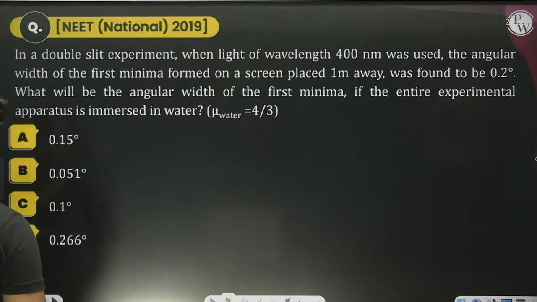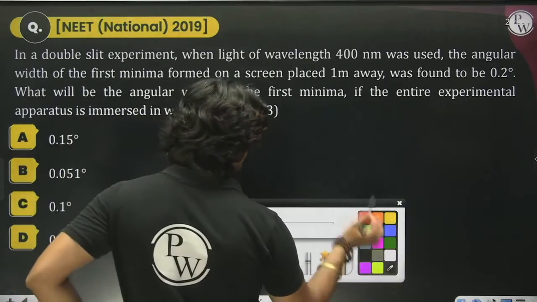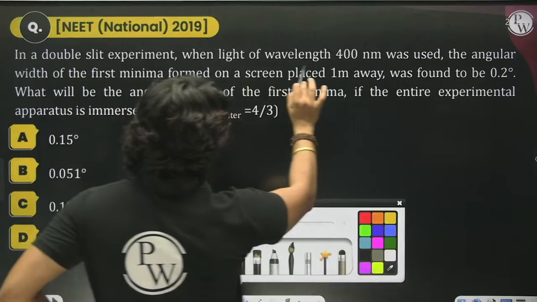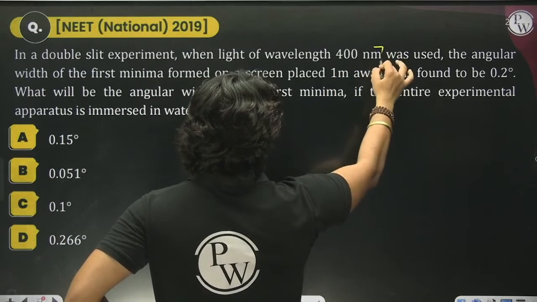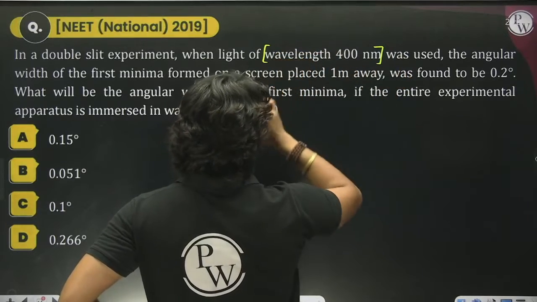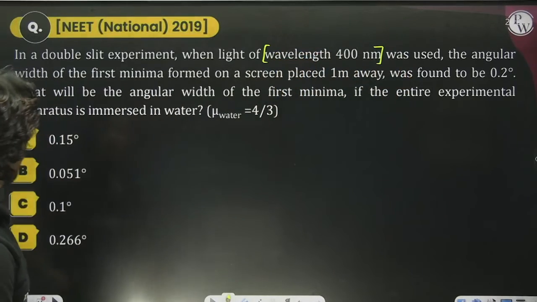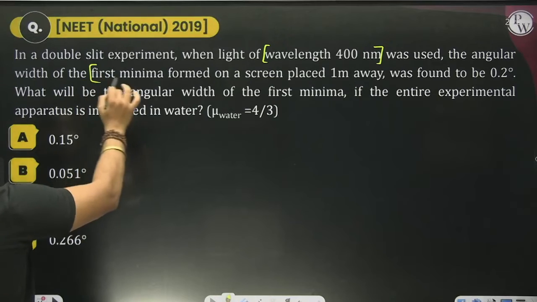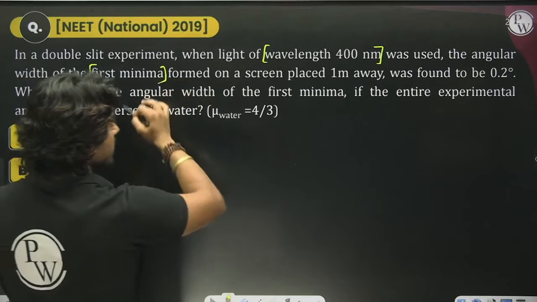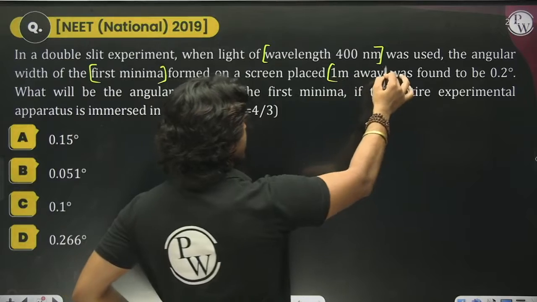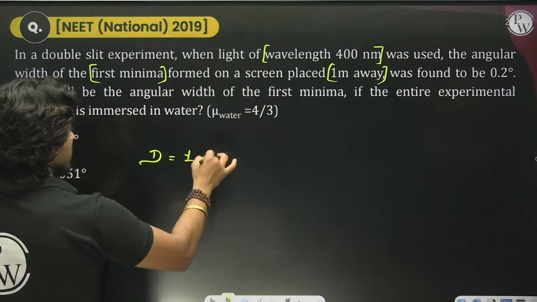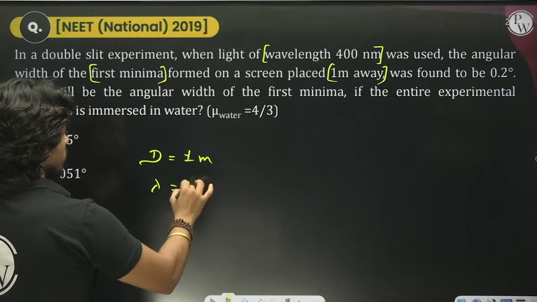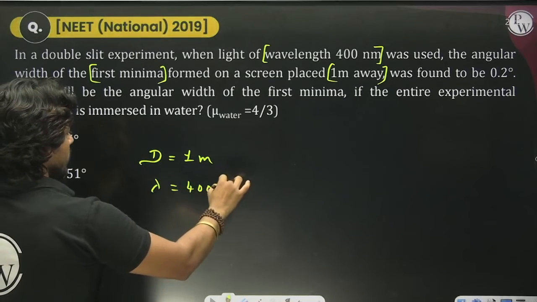Let's take the discussion ahead. Next question in front of you is this. Read the question. In a double slit experiment, when light of wavelength 400 nanometer was used, the angular width of the first minima formed on the screen 1 meter away, that means D was given to you as 1 meter, wavelength has been given as 400 nanometer.